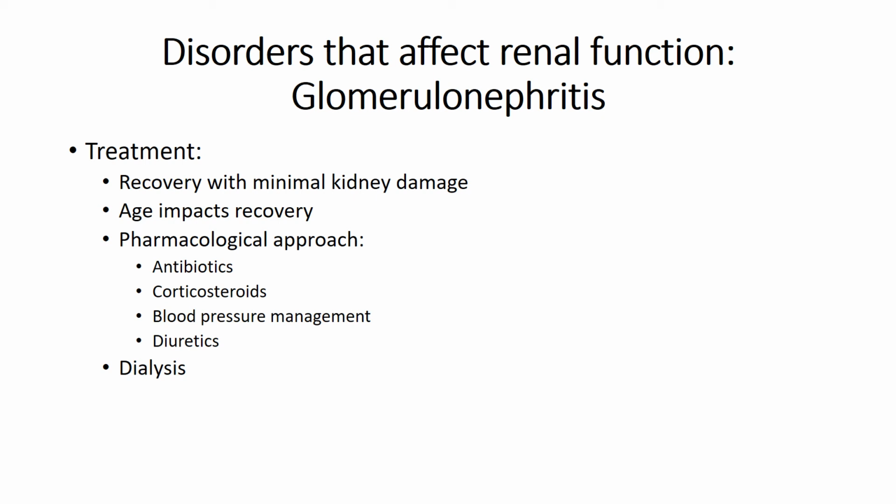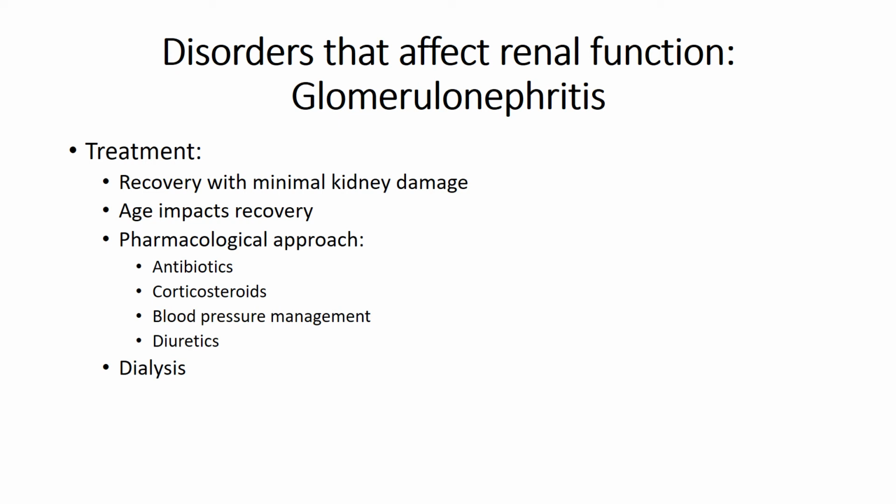Now remember that anytime we affect glomerular filtration, we're affecting blood volume, which has direct implications on blood pressure. And so if we are filtering less of our blood, we're increasing our blood volume. So that increases blood pressure, and so blood pressure is a concern here.